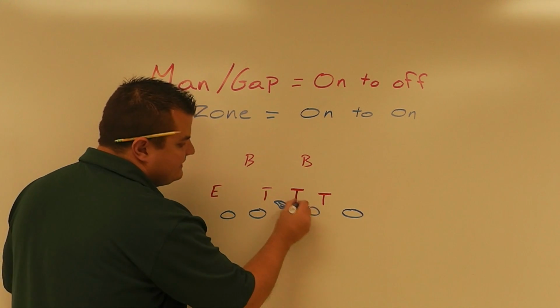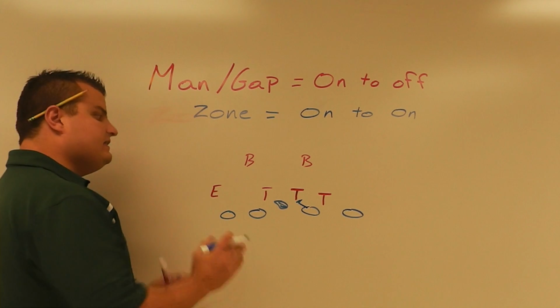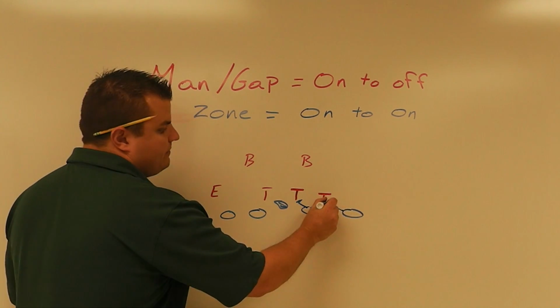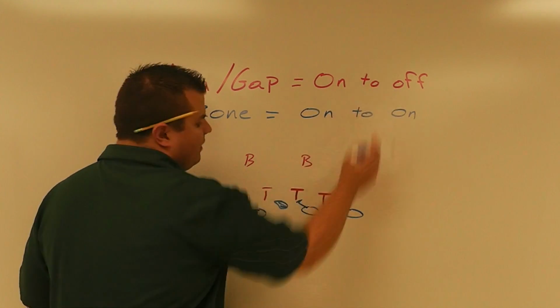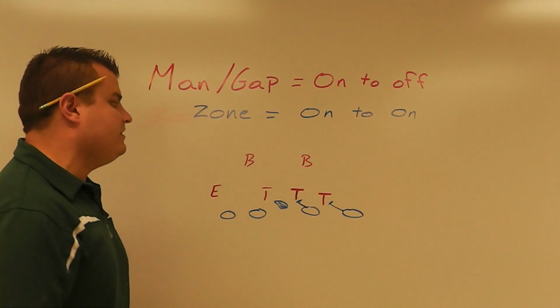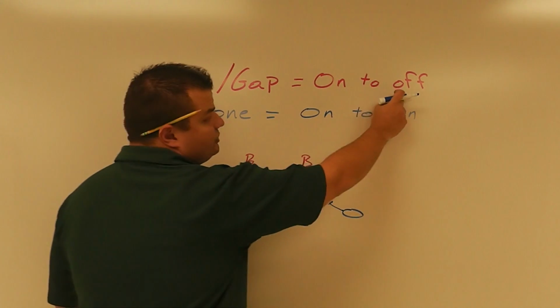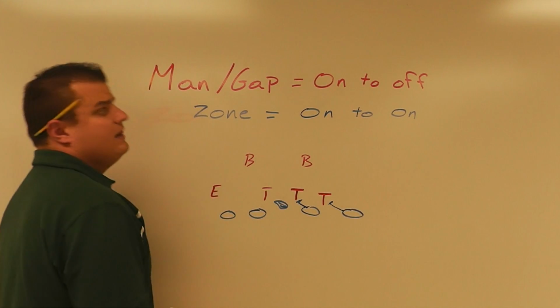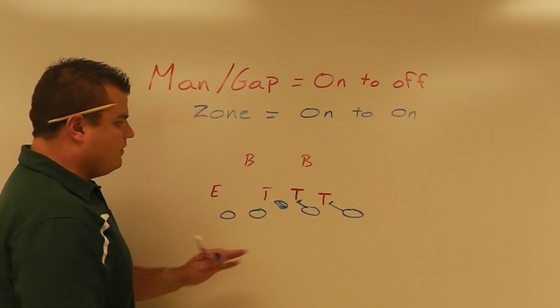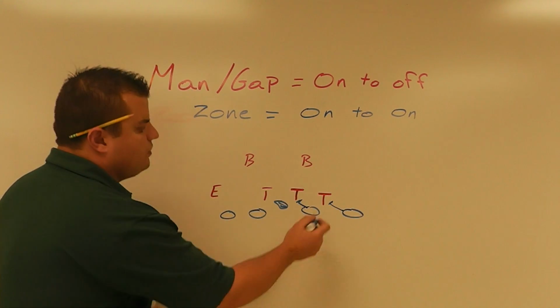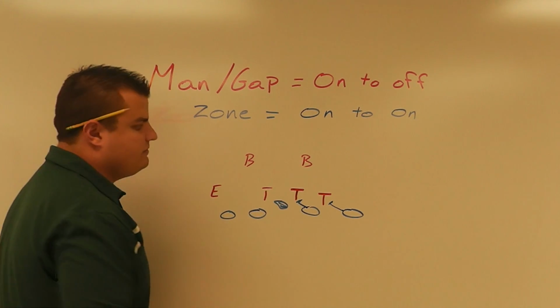So now he knows his is going to be a down block. He's also going to be a down block because he's on to off. He's the on down lineman that's also an immediate threat to him, and he knows he's supposed to be working to the offside linebacker. Now, if these 2 guys don't walk to the offside linebacker, not a big deal, as long as they know what direction that they're supposed to be going in.